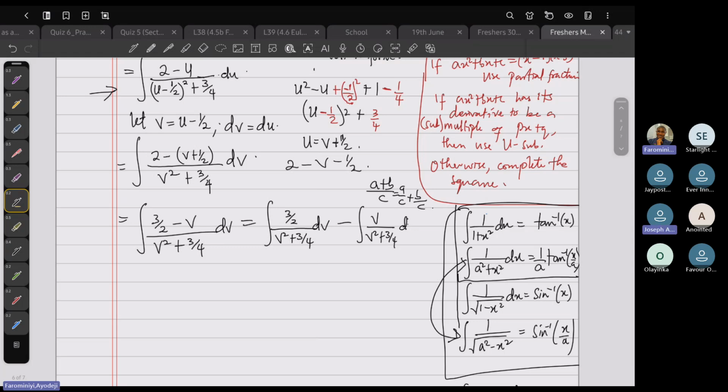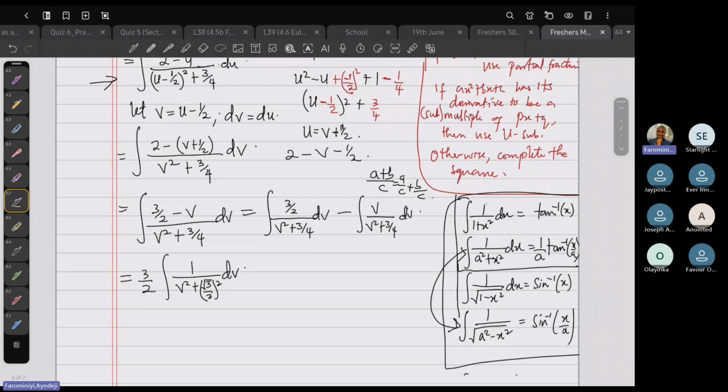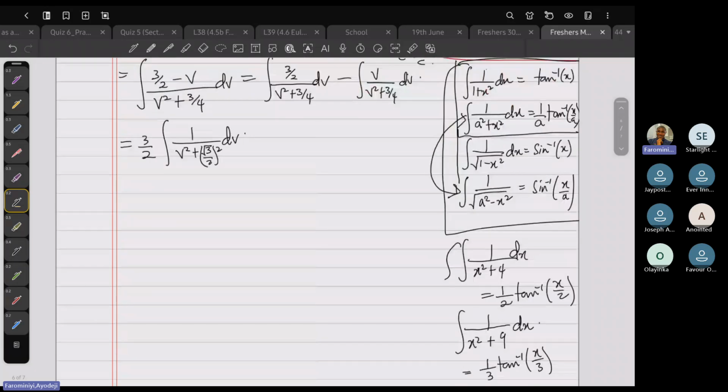Good. So the first part can be written as 3 over 2. I can bring the 3 over 2 out, integral of 1 over v squared plus root 3 over 2 squared dv. Why did I write it that way? So that you can recognize the pattern we did here.